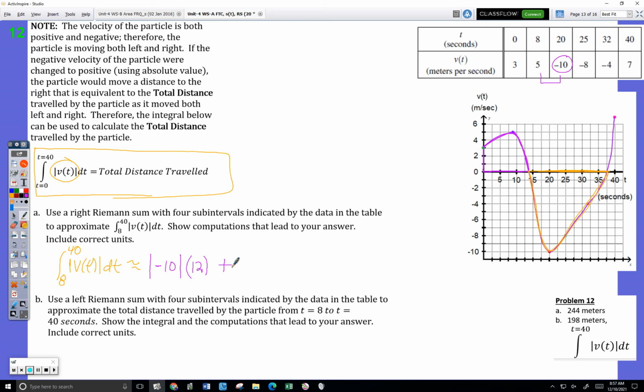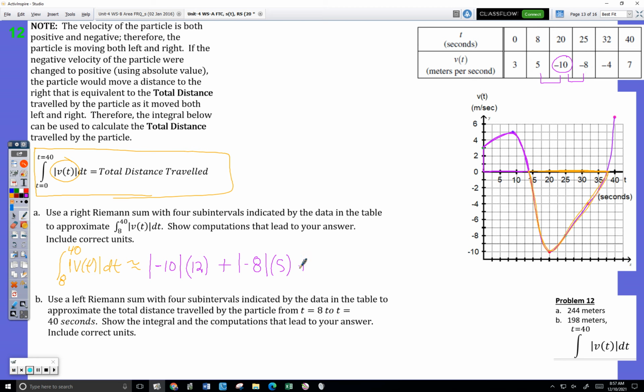So, Zane, and then you take the absolute value of negative 8. I will check. That is correct. Two points for Zane. Naomi?